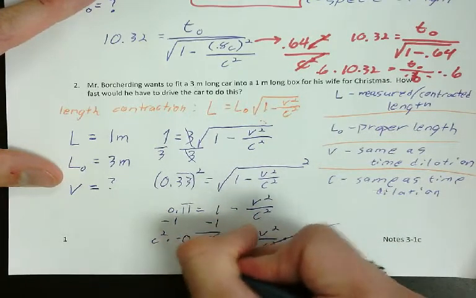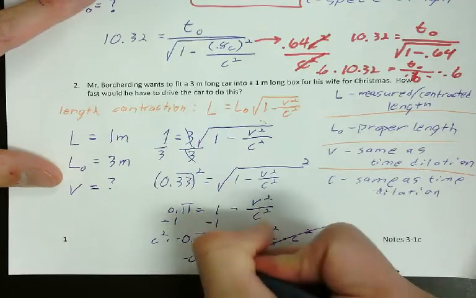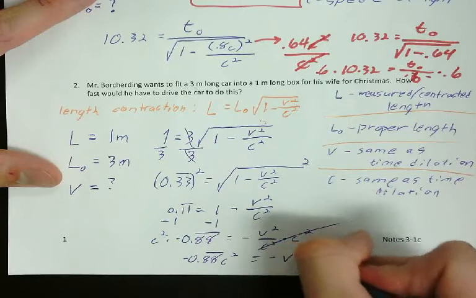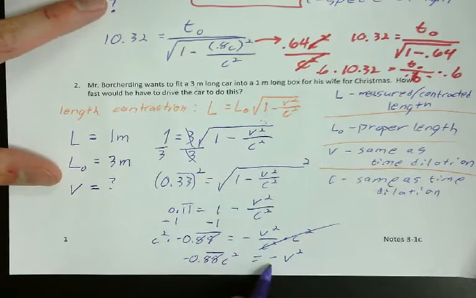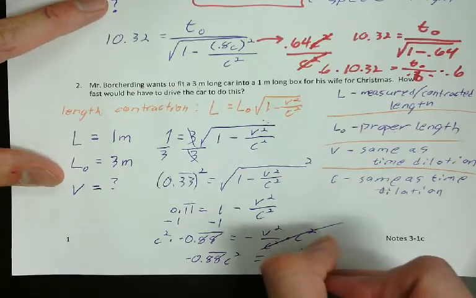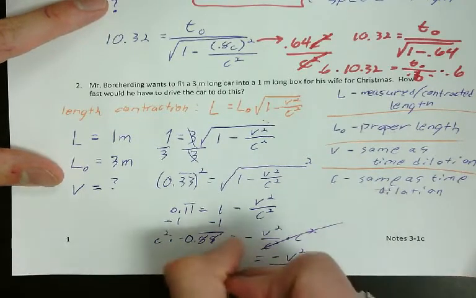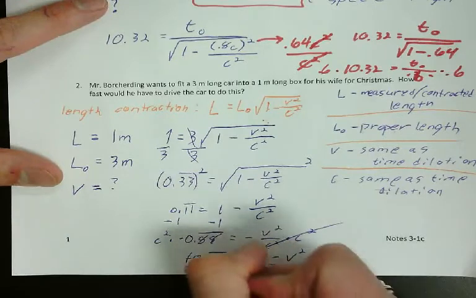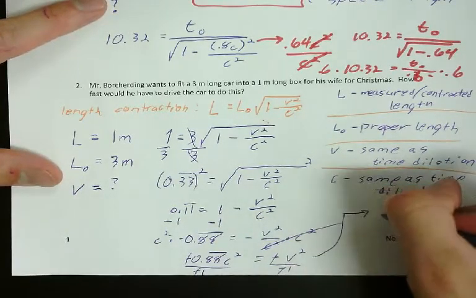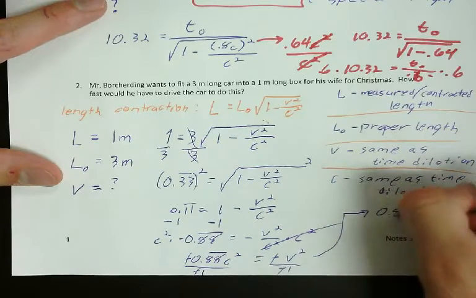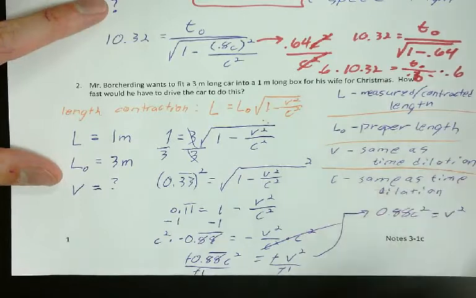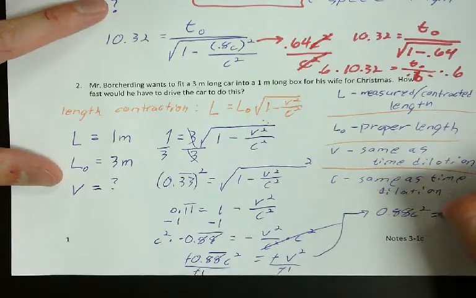So negative 0.88 C squared equals negative V squared. The negative we want to get rid of, so essentially you divide both sides by negative 1, and the negatives just go away. So 0.88 C squared equals V squared. All that's left is to square root both sides.